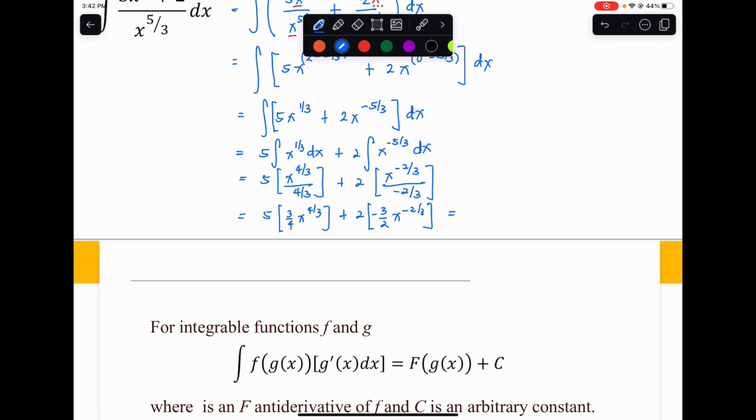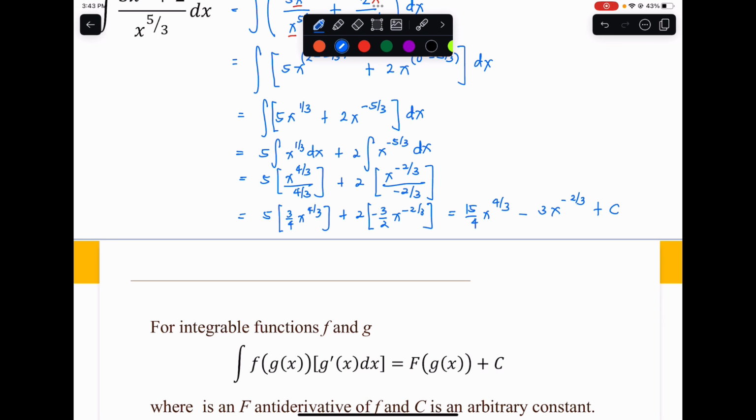So finally, the answer will be 5 times 3 is 15 all over 4, x raised to 4 over 3. Then minus, the 2 and 2 will be cancelled out, so that will just be 3, x raised to negative 2/3 plus c.